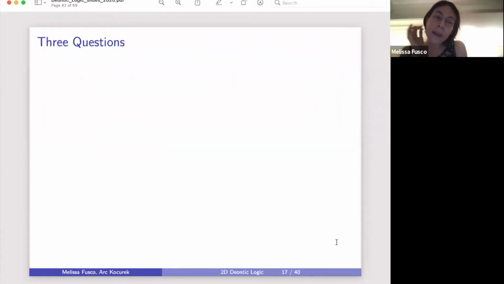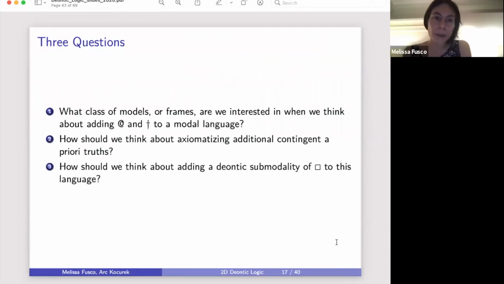Okay, so with those sorts of considerations, there are three questions to think about. First, what class of modals or frames are we interested in when we think about adding actually and the dagger to a modal language? Again, if we're adding it to a modal language, then we have a box, and we can use the box dagger to model a priority. How should we think about axiomatizing additional contingent a priori truths, if there are any, treating them compositionally, for example?